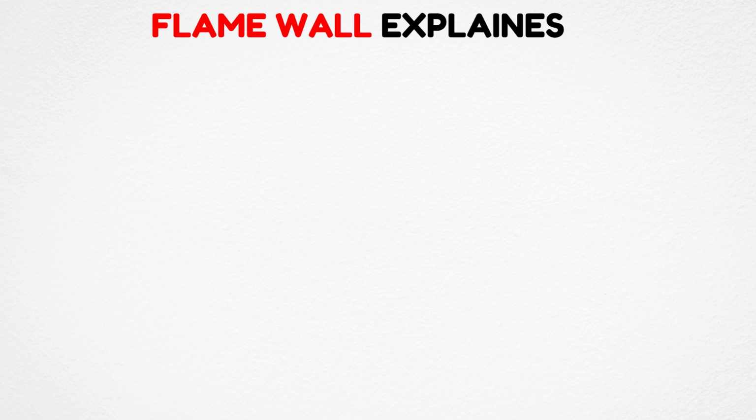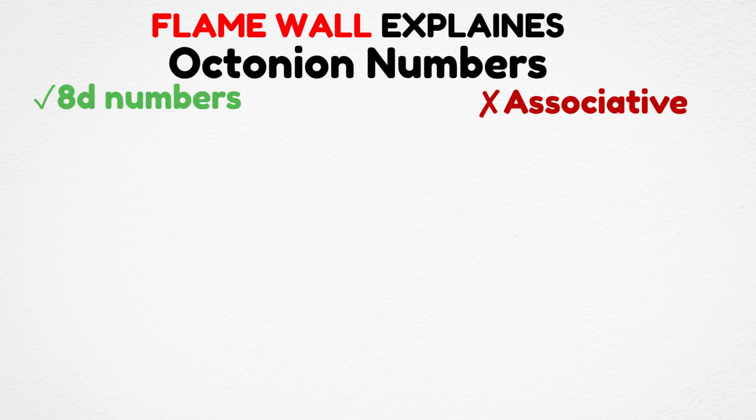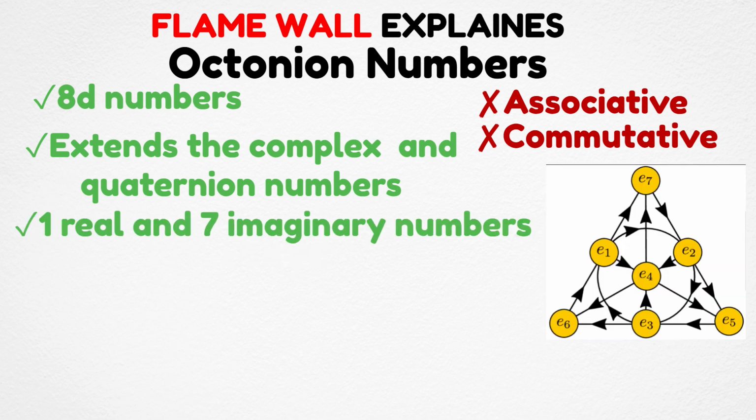Next, we are going to see about the octonion number system. Octonions are an 8-dimensional, non-associative, non-commutative number system that extends complex numbers and quaternions. Each octonion is a combination of one real and 7 imaginary parts, where each of the 7 imaginary units squares to -1.